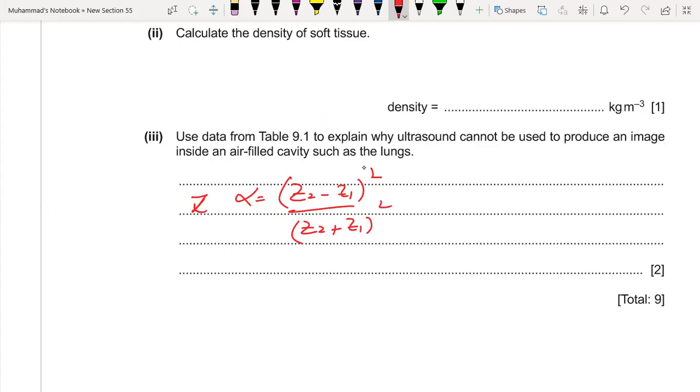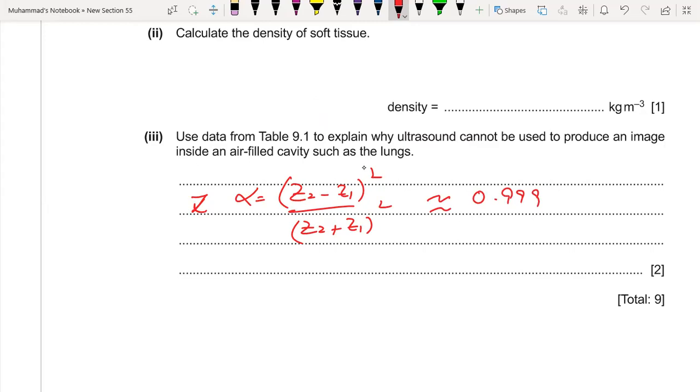So if you calculate the reflection coefficient for these two mediums, given their specific acoustic impedances, you will get alpha around 0.99.